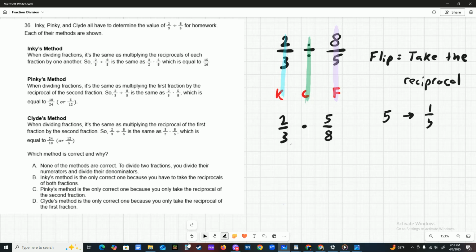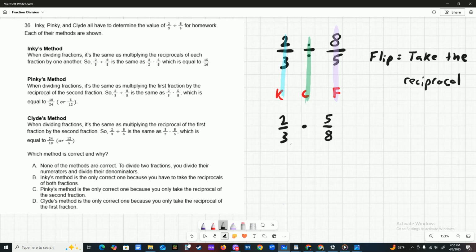So if the reciprocal of 5 is 1/5, what's the reciprocal of, let's say, 10? 1/10. What's the reciprocal of 1/4? 4/1, which is just equal to 4. All right, so you flip the second fraction. But when you flip it in mathematics, we call that taking the reciprocal. Okay, it's a very special property the reciprocal has.